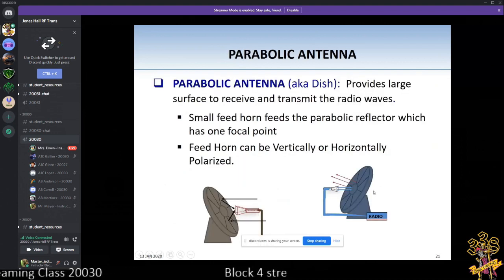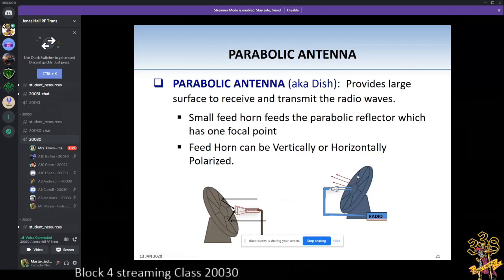Parabolic antenna or a dish, because it looks like a dish. What this dish is, is a reflector, and it provides a large surface area to reflect your electromagnetic waves.